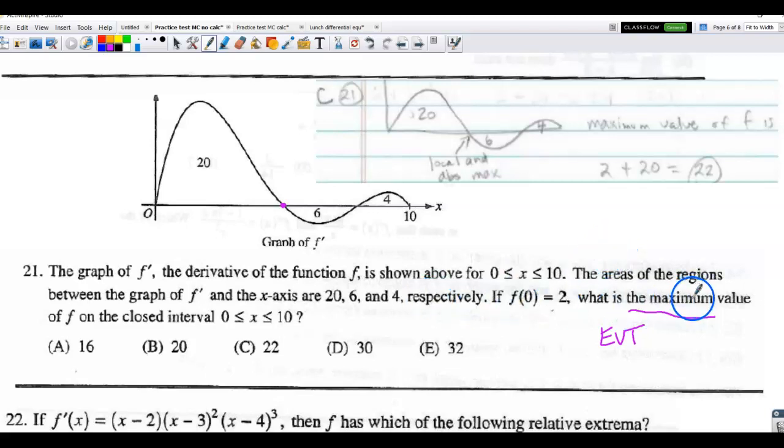They want to know what the maximum value is, so we actually don't have to have that x number. So we have accumulated area of 20. We're losing 6 and gaining 4, so the absolute maximum has to occur at this value, but the maximum value has to include the initial condition of 2. So 2 plus 20 gives me the 22.